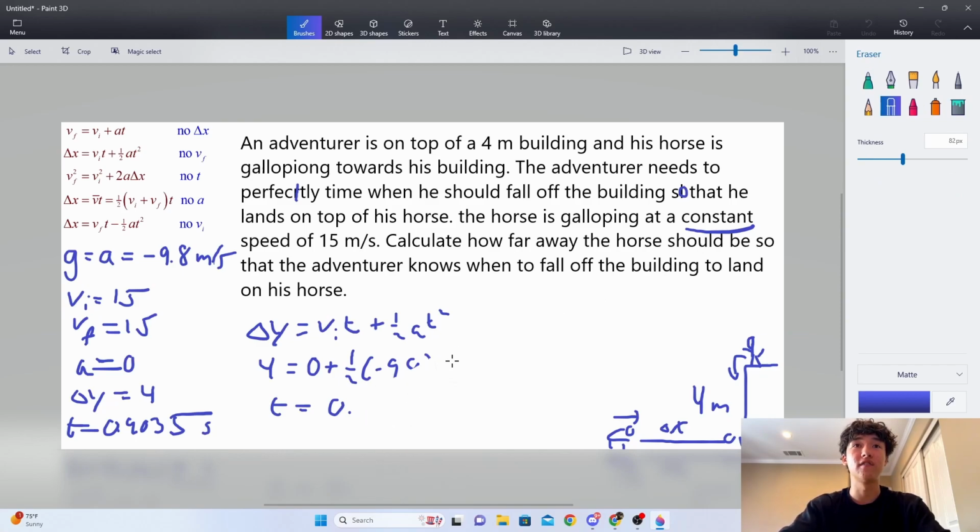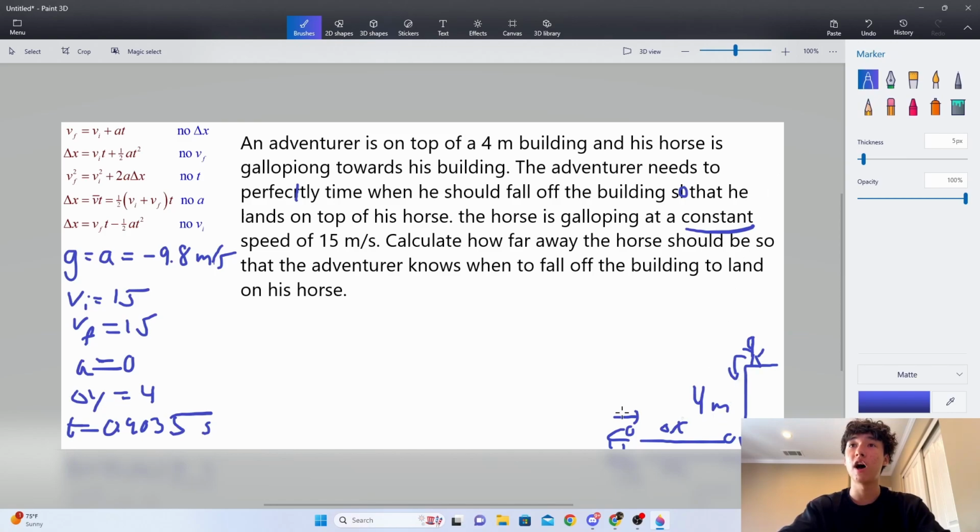And let's go to our next phase of the problem. So now we know how long it takes, and we need to find how much distance the horse will travel in that amount of time. So now we're literally just going to do change in x is equal to the average velocity, because it's constant, 15 times time.